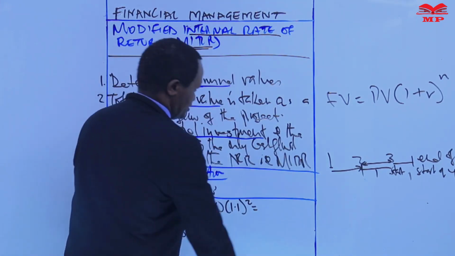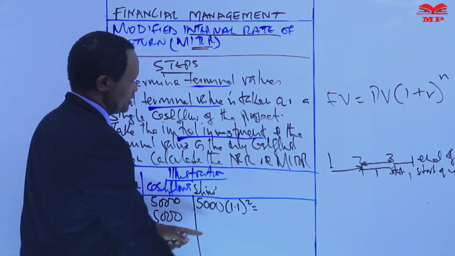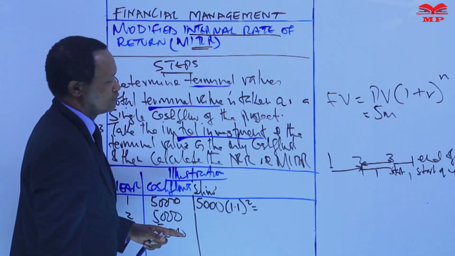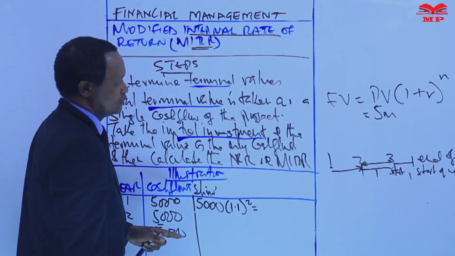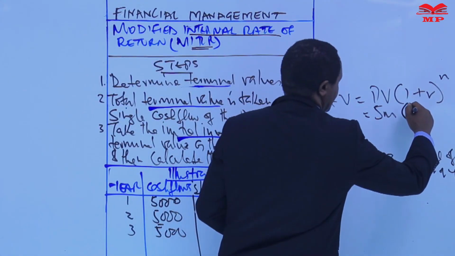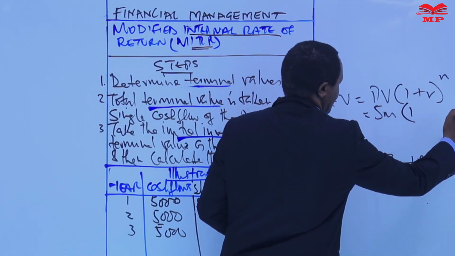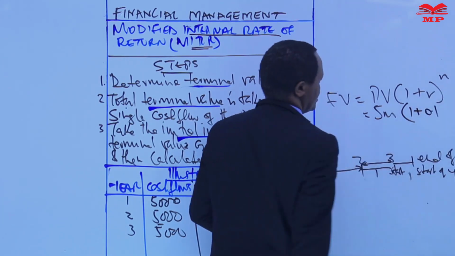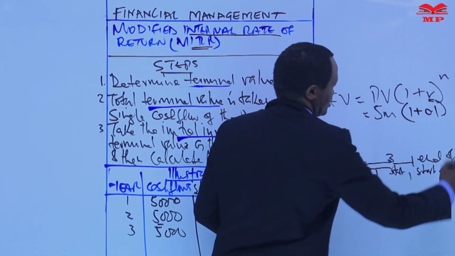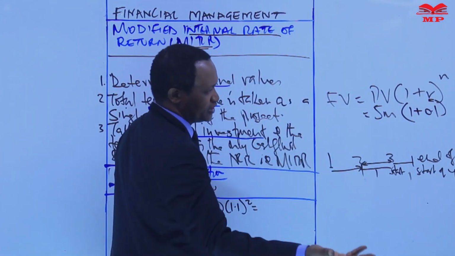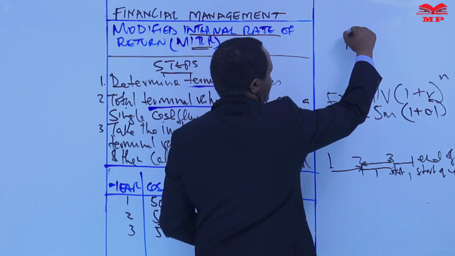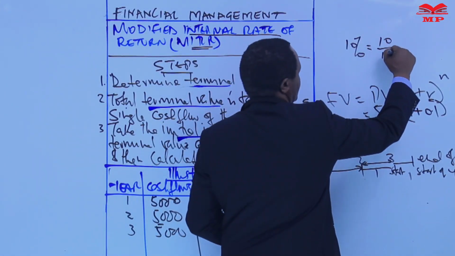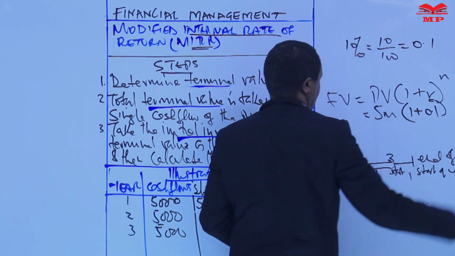How much is that? So the present value here is 5 million. One plus r is 1 plus 0.1. This is the rate converted into decimal. 10%, candidates, converted into decimal is 10 over 100, which is equal to 0.1.